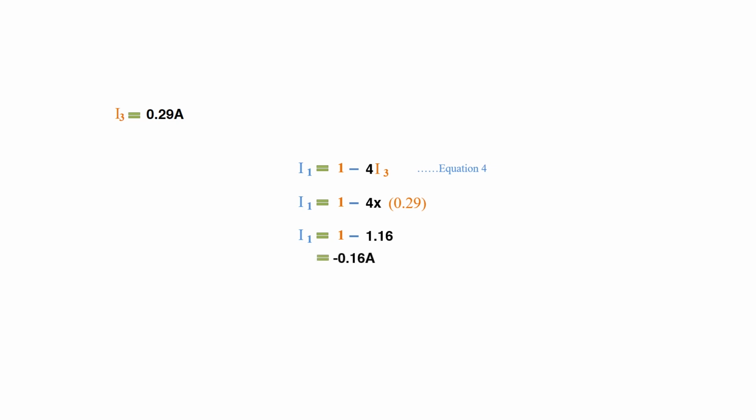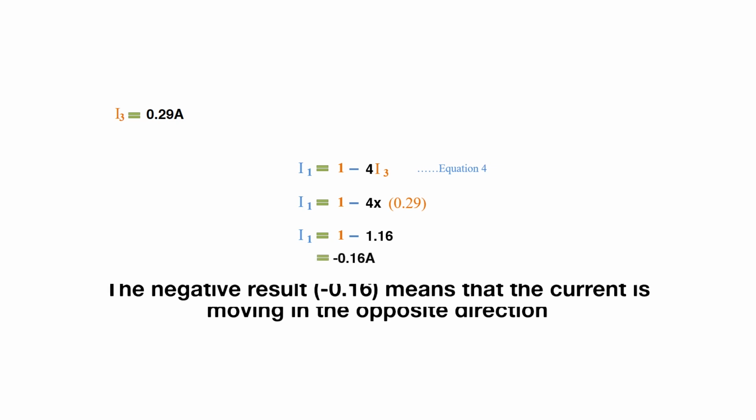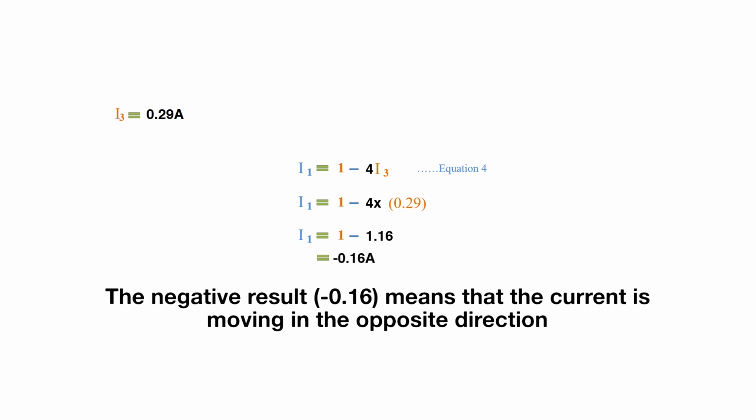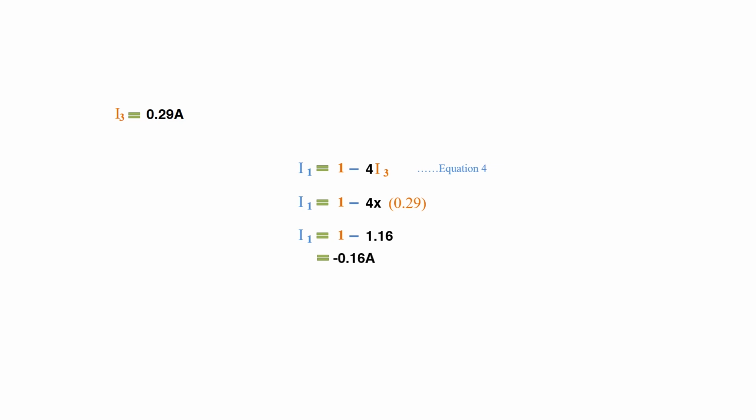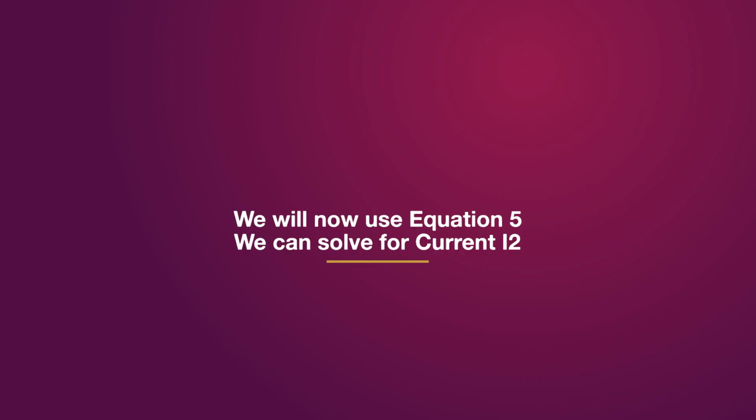Now the significance of the negative implies that the current is moving in the opposite direction of the route that we assigned. So using equation 5, we can get I2 is 1 minus 2 multiplied by I3. I3 we solved as 0.29. So using our calculator again, 1 minus 0.58, the answer is 0.42 amps.